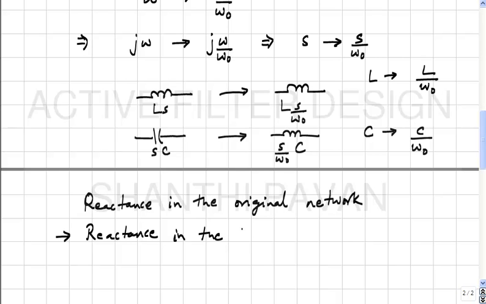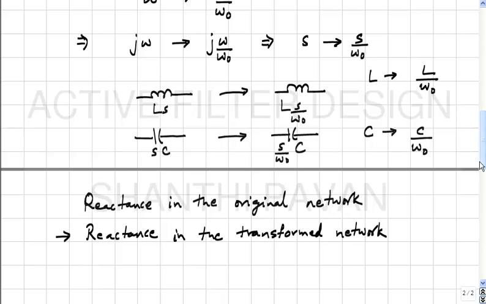What happens to the resistors? They remain the same because there is no s in the expression for either the impedance or admittance of a resistor. Correct? Okay.